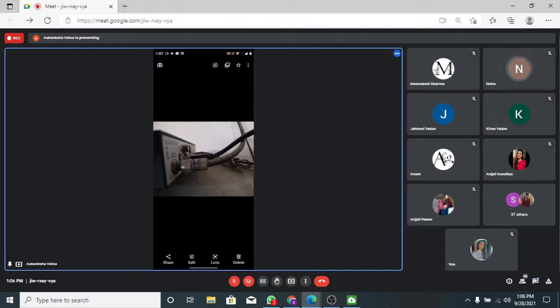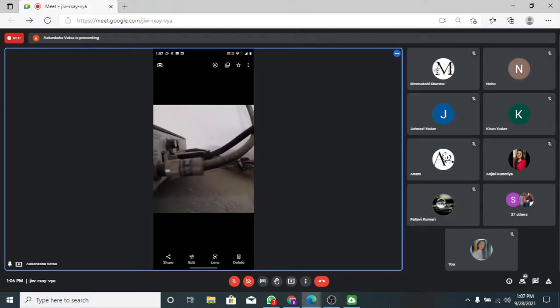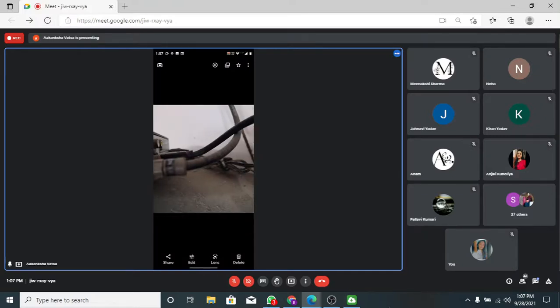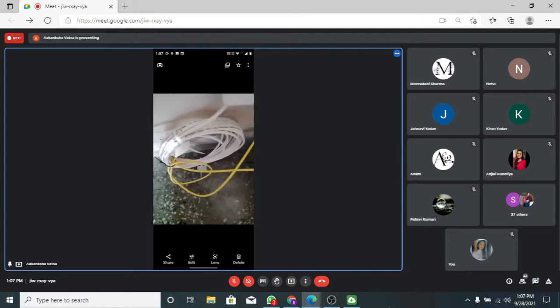Yes, ma'am. Yeah, this is basically a kind of BNC connector, which comes in the cable network. Okay? This is from the television to the set-top box. Okay, this is coaxial cable.